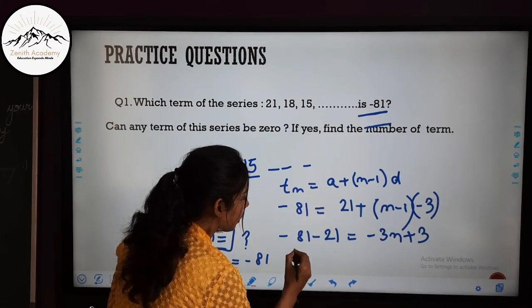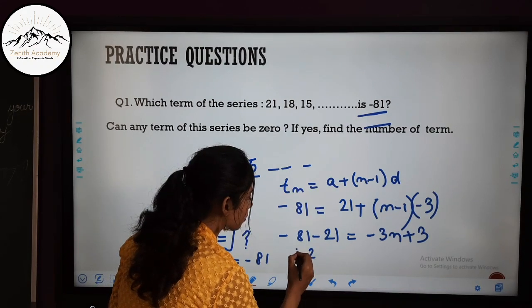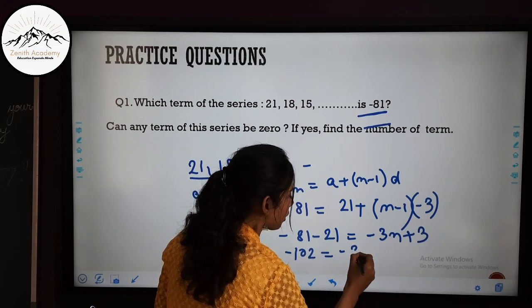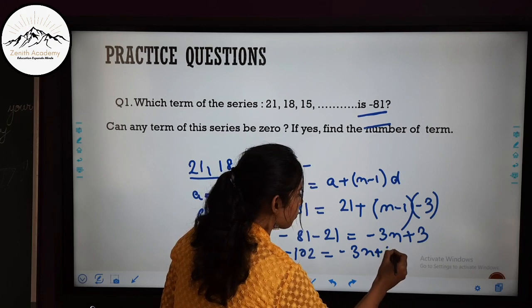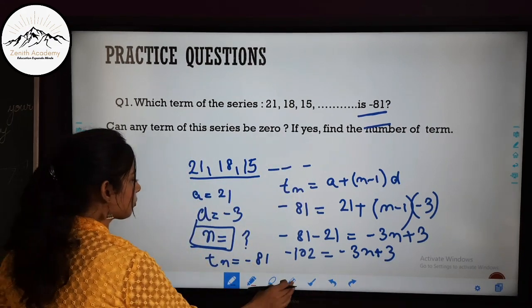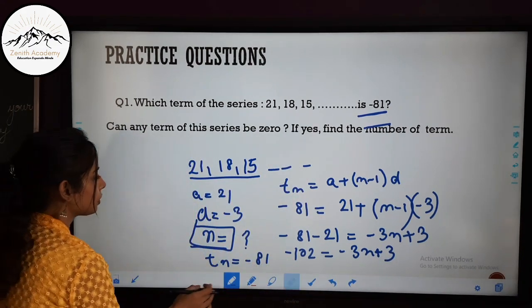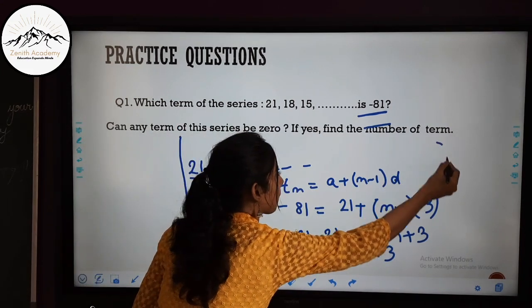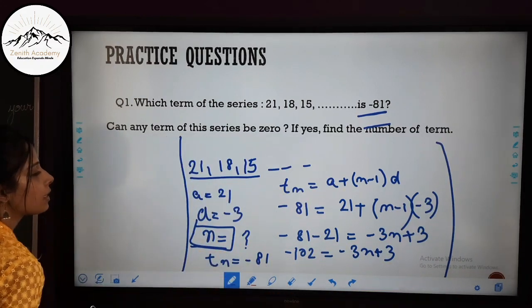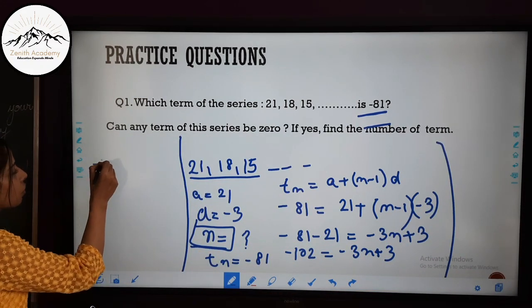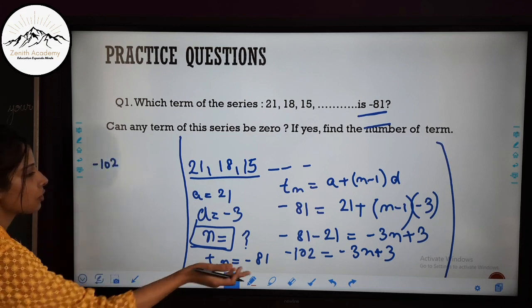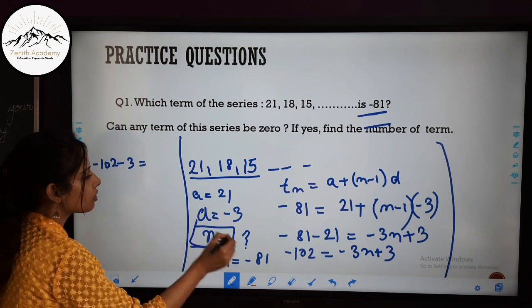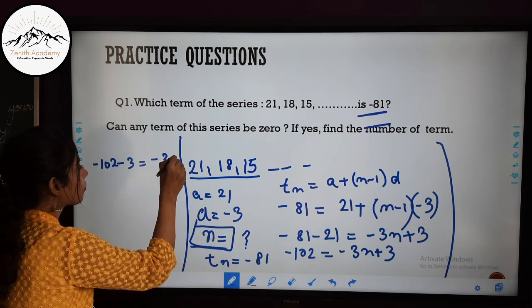So here we'll get minus 102 is equals to minus 3n plus 3. So minus 102, shifting 3 to the LHS, we'll get minus 3, is equals to minus 3n.